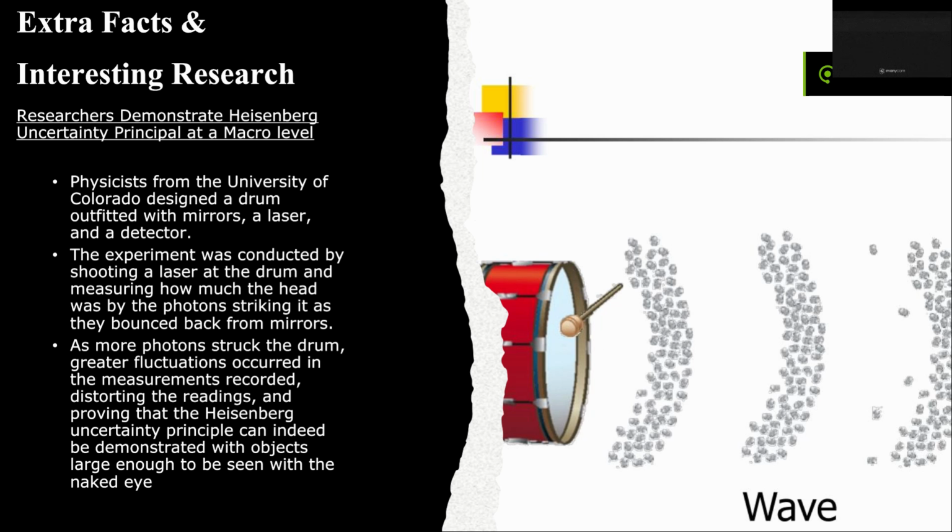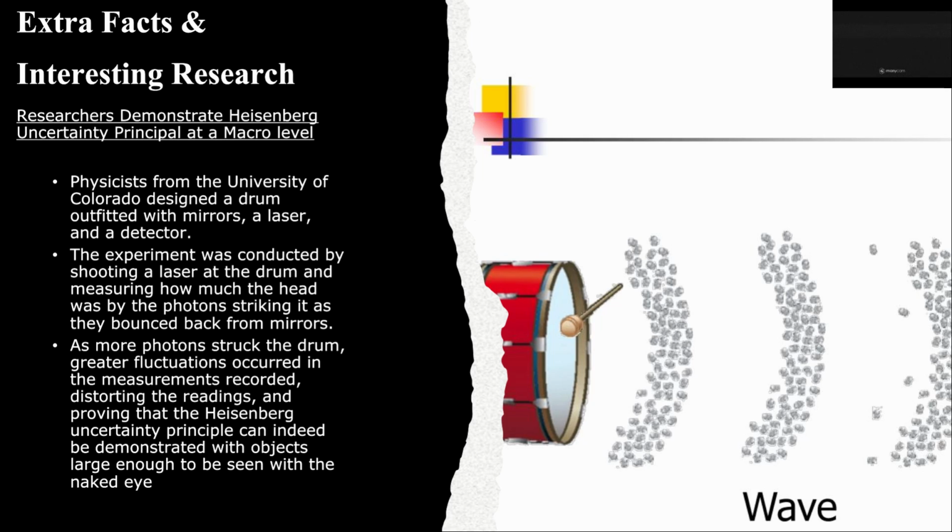Usually, when researchers study the Heisenberg uncertainty principle, they demonstrate it by working at a micro level, because attempting to do so with larger objects would be impossible due to too many variables.